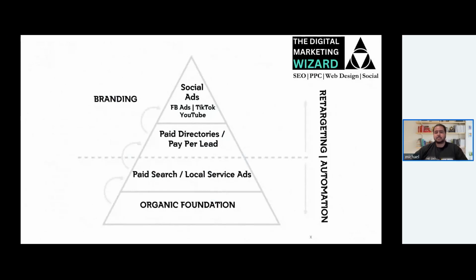So I like to follow this process. This process follows a logical order. We build the strongest foundations in the best ways. If you don't have a proper foundation in place, then sometimes when you skip ahead to these next levels, paid search, local service ads, some of these paid directories, or even social media ads, you're not really going to get the results that you're looking for.